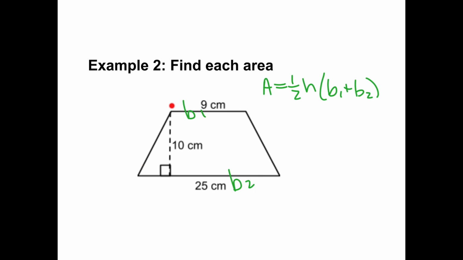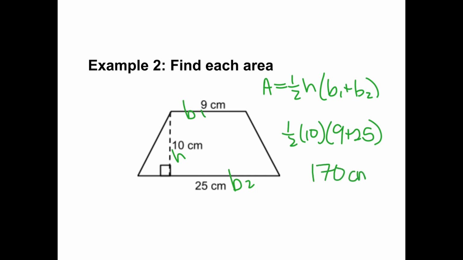And in this case, with the way this trapezoid is set up, the height, 10, is labeled inside of the trapezoid, and so we're just going to plug those numbers, 1/2 of 10 times the 9 plus 25. So that's going to give us 170 centimeters squared, still area.